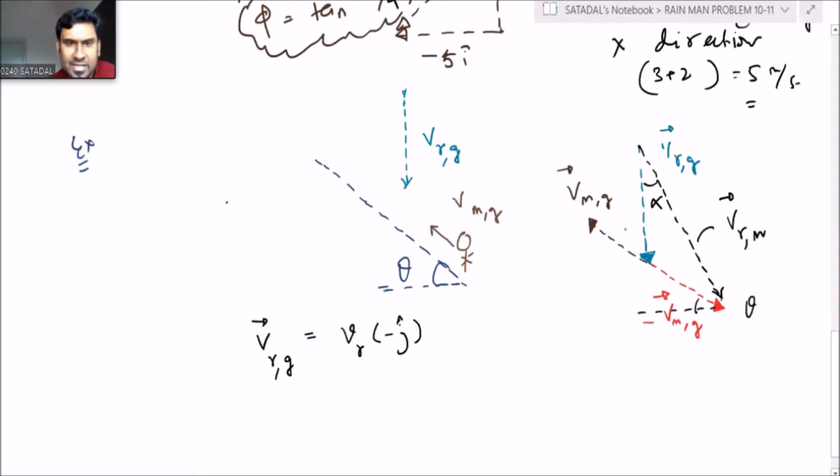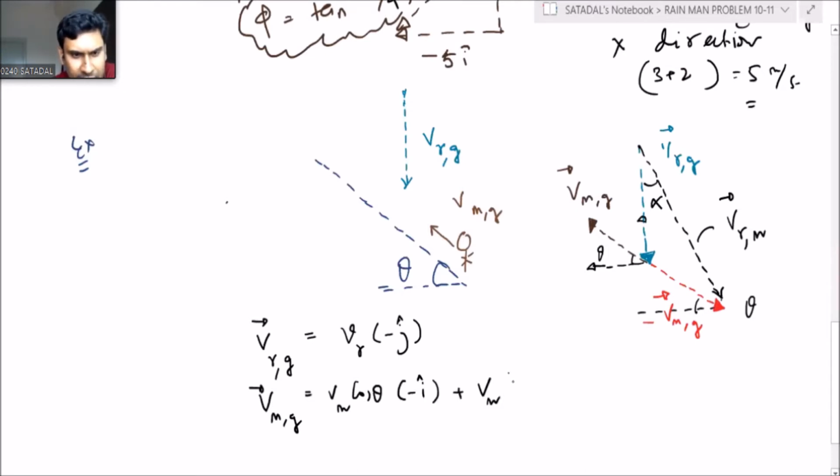You can clearly see it is vertically down, so minus j cap, right? And velocity of man with respect to ground is equal to, if you see this direction, then this is also going to be theta. So this is cos theta component, and here it will be sin theta component. So I can write Vm cos theta minus i cap plus Vm sin theta j cap.